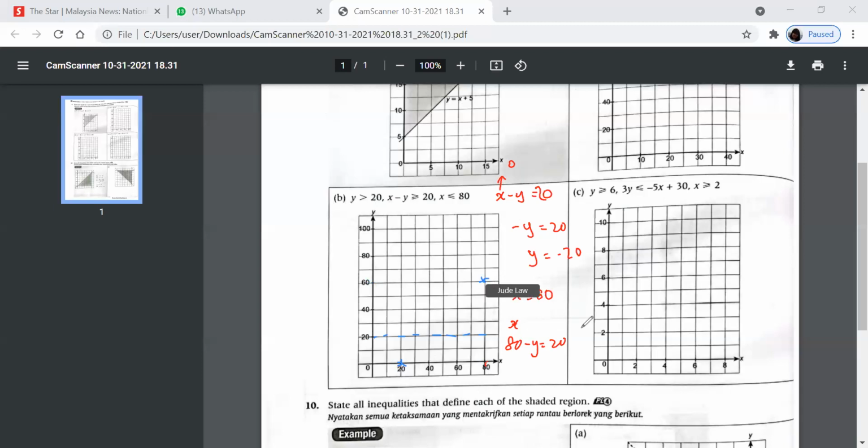Okay, so you've got a line already. And then the other one?